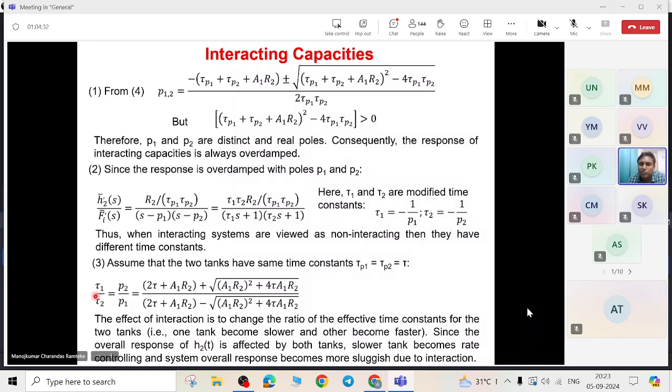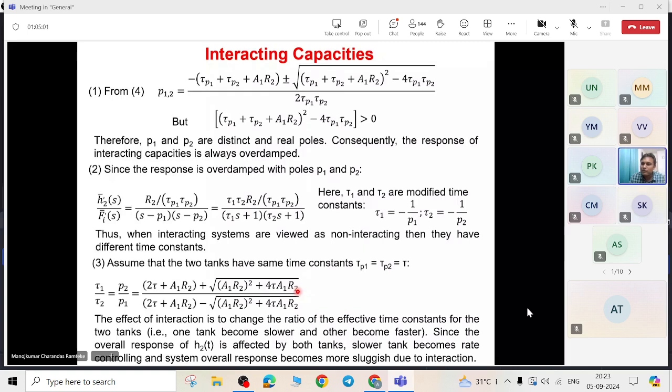Because of that, the overall response of the two tank system when connected in an interacting manner is going to become slower compared to when the tanks are arranged in a non-interacting manner. So the higher the interacting factor A1 R2, the slower the response is going to be, isn't it? Is it clear?